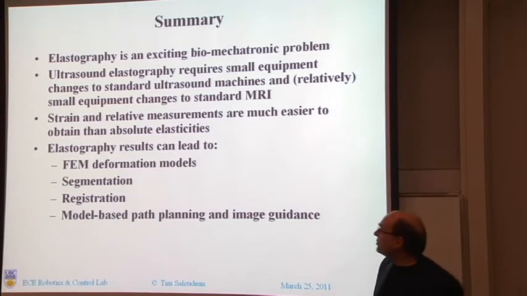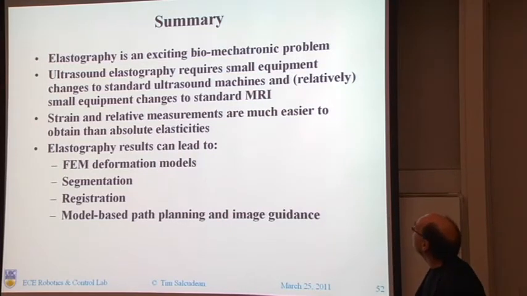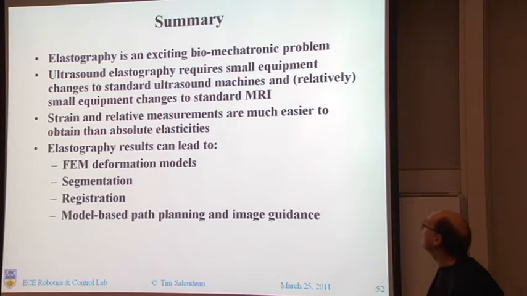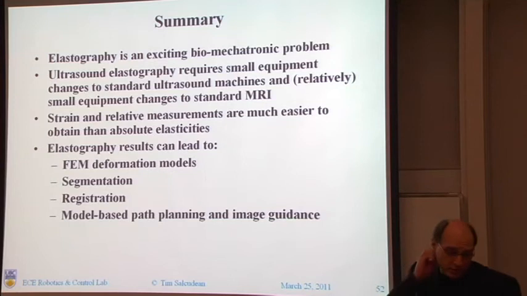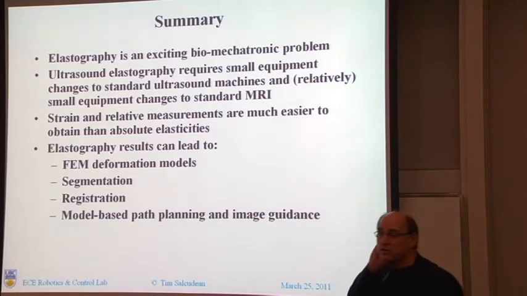So in general, I'm really excited about elastography as a mechatronic problem, and as a roboticist and a controls person, I find it's a beautiful problem with lots of parameters that actually gets real images of real patients. And it's amazing that you can do this imaging with standard MRI.